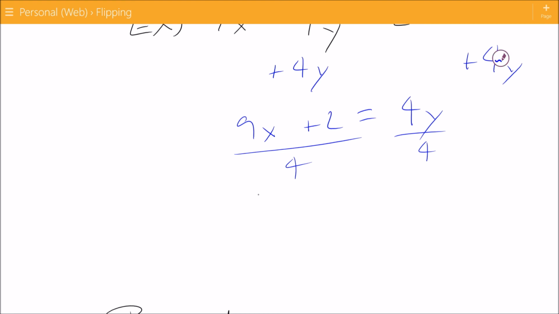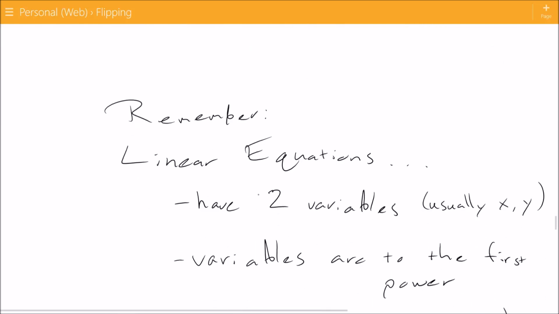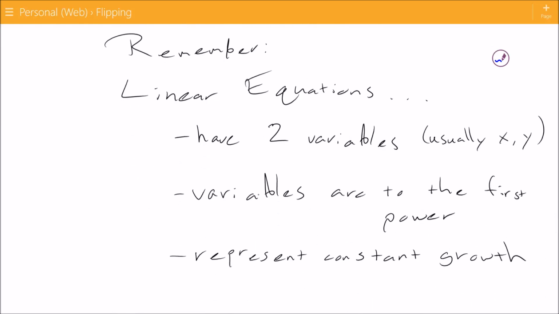This gives me, those guys would cancel out. And then there I've got my linear equation, a little bit more standard form. Remember, linear equations have two variables, usually x and y.